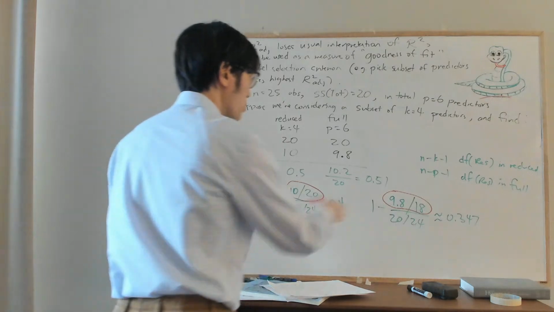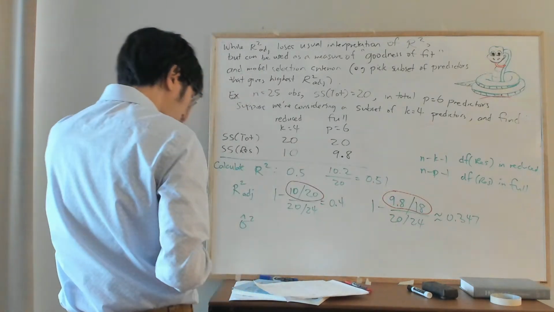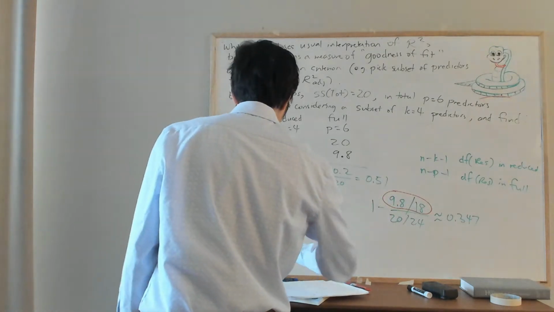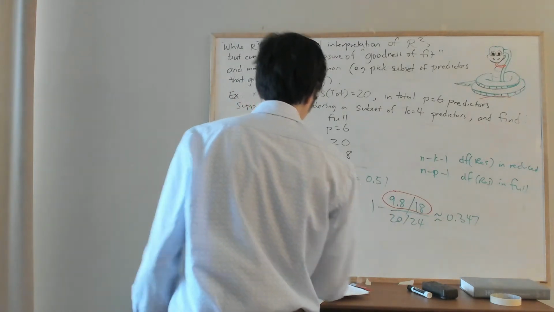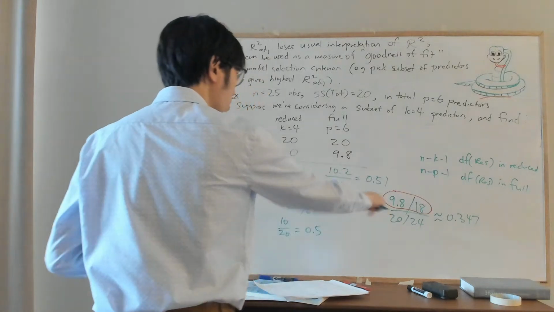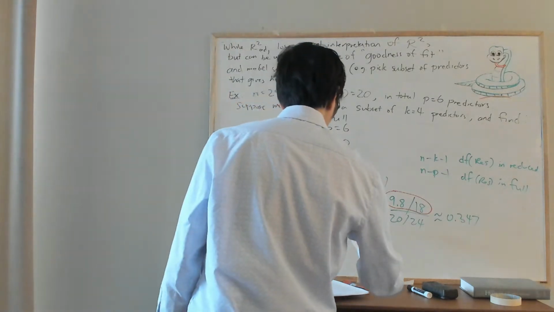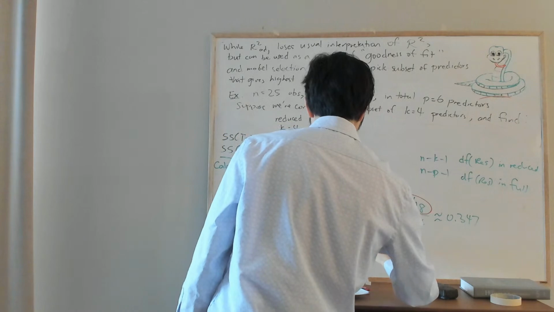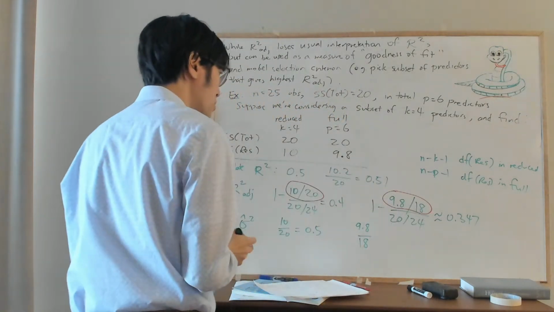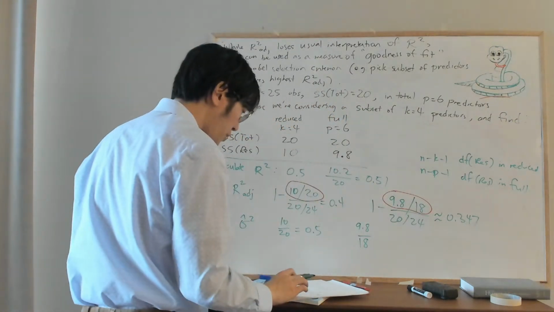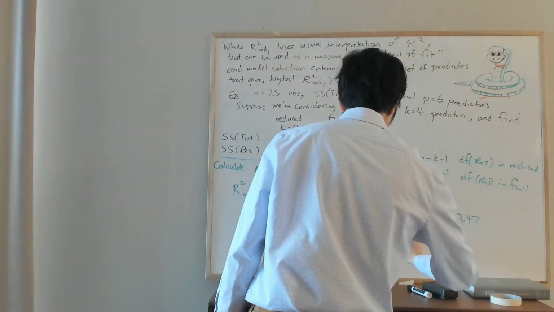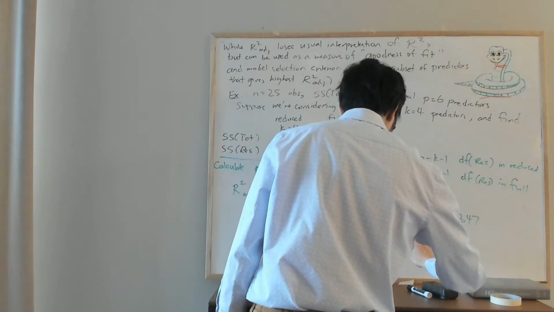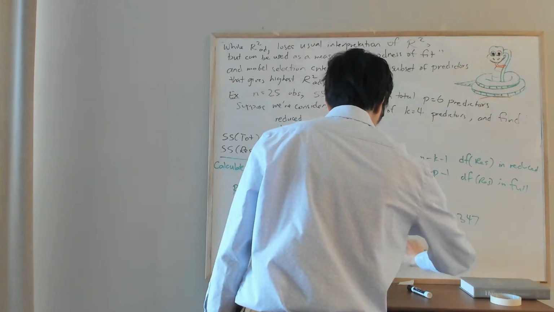So using that fact, the estimate of sigma squared is 10 over 20, which is 0.5. And in this case, we have 9.8 over 18 as the estimate of sigma squared hat, which is actually larger, 0.544.